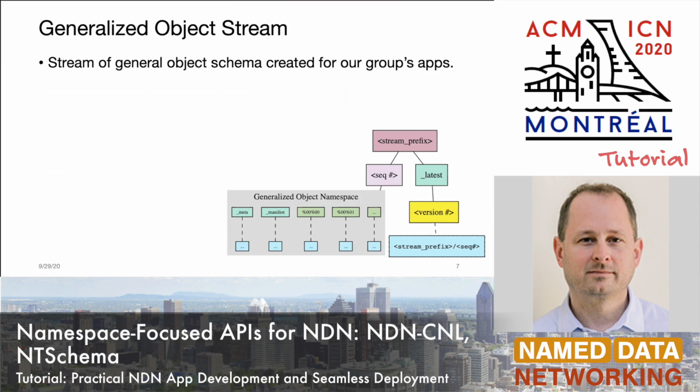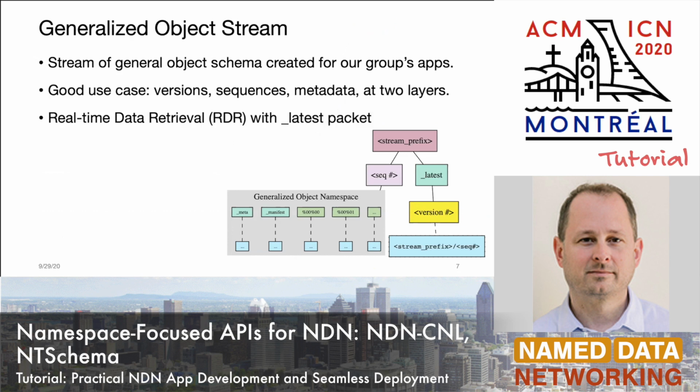So if you dig further into the library implementation, a lot of the initial examples are around what we're calling generalized objects. These are objects that have a standard metadata and manifest approach that can then be collected into a sequence that has its own additional metadata and follows the real-time data retrieval protocol that I think was published a couple of years ago, to allow us to get what is essentially a real-time stream of these objects.